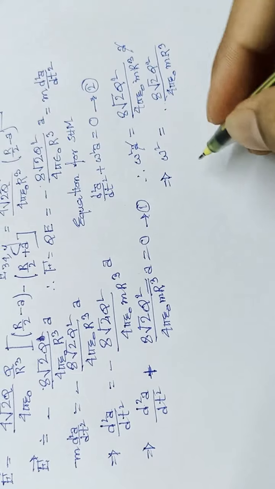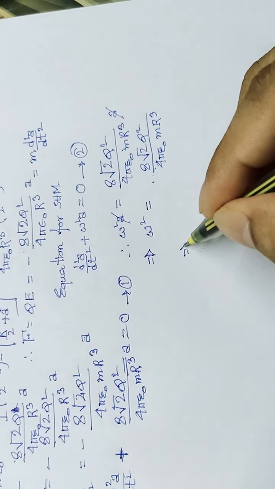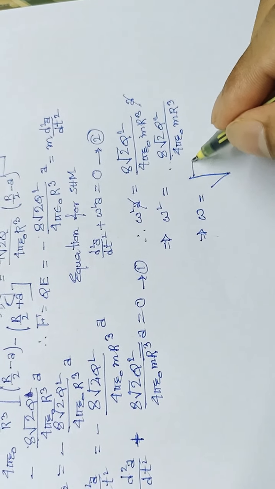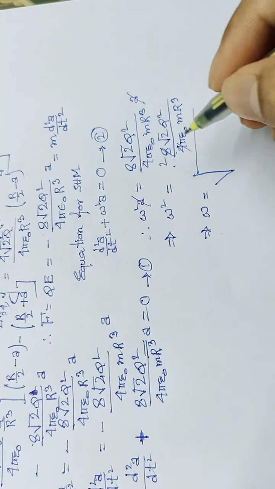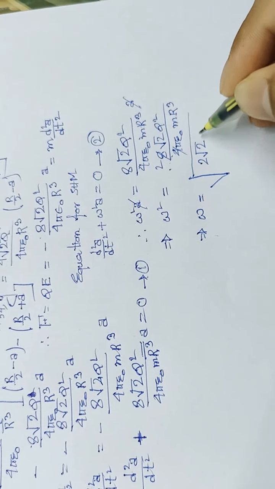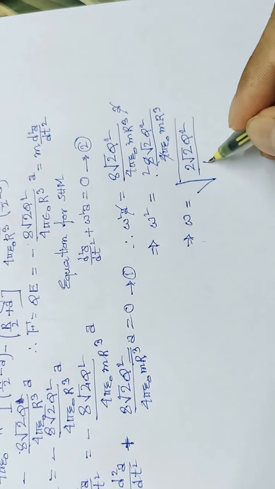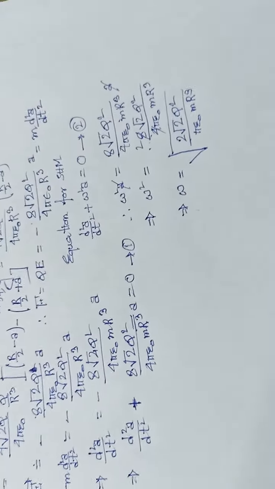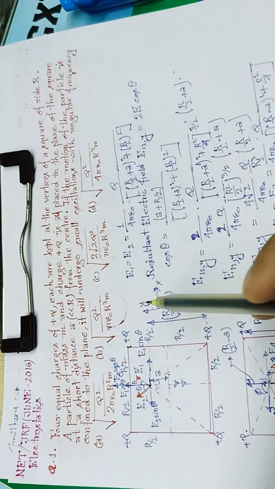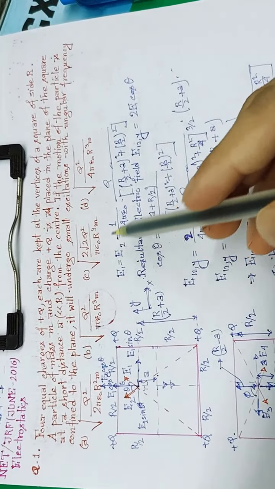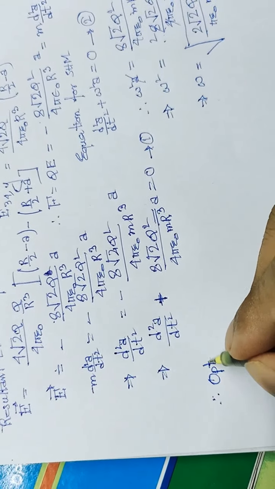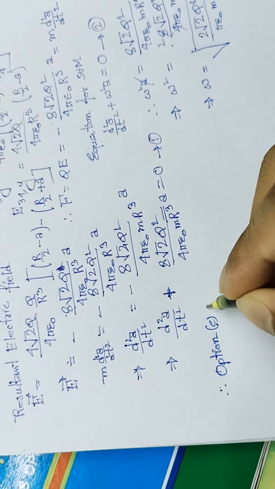So we can write our value of angular frequency will be under root, now this 4 and 8 will cancel, 2 root 2 Q square divided by pi epsilon naught m R cube. So in our question 4 options are given and it is matching with option number C, therefore option C is correct.